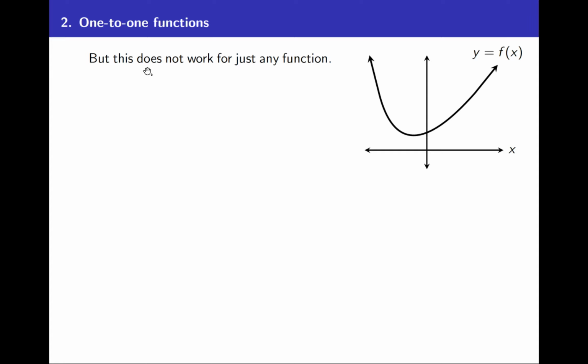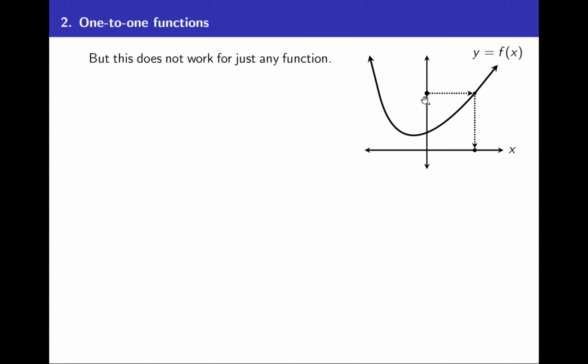But this does not work for just any function. Think about the function y equals f of x that I've graphed here, and imagine you're trying to find its inverse. If you run it in reverse, take a point on the y-axis, a number here, go over to the graph, and then down to this point.